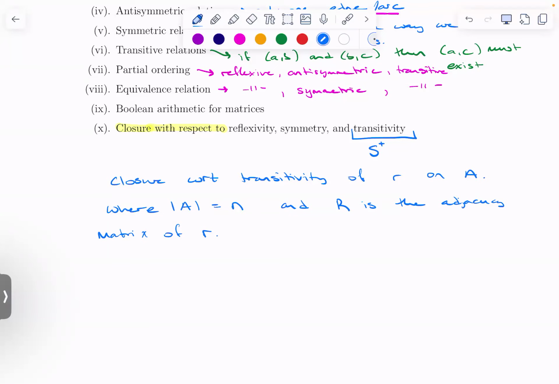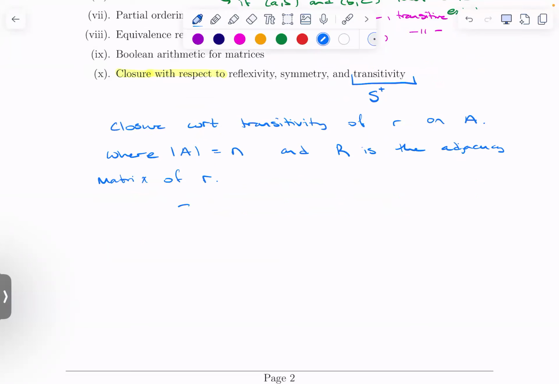What we can do is you would find that S plus, which is the closure with respect to transitivity, so all the links, including the original relation. And technically, the closure includes the original relation as well. And so it is going to be R plus R squared plus R to the 3 plus all the way up to R to the power of N. These are matrices each.